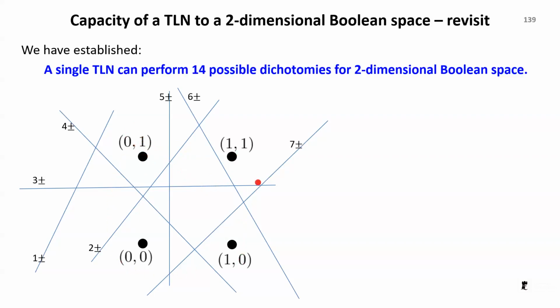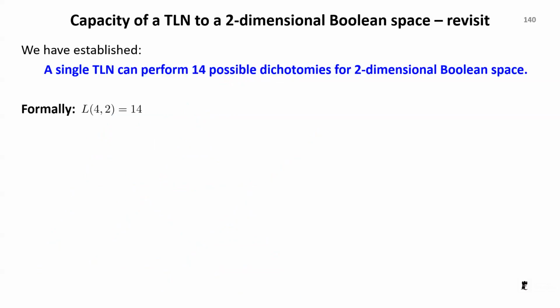And we already established that in a generic problem, a single perceptron can only have 14 capacities. It is the capacity of a perceptron, 14. This is how we formally denote this capacity: the capacity of a perceptron for 4 points in general position in 2 dimensions. There are 14.